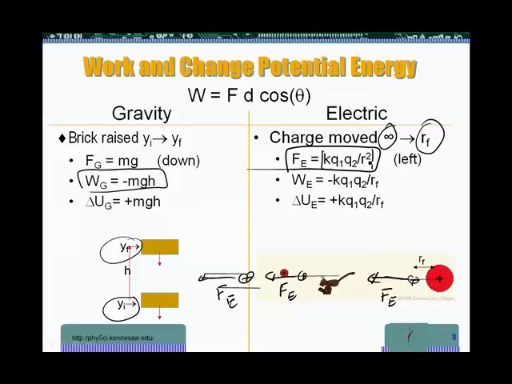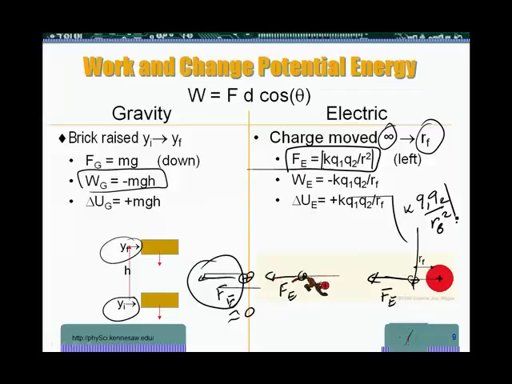It means I'm going to have a very huge number in the denominator that I'm going to square, meaning that the electrical force when we are very far away is going to be 0. And it's going to gradually increase till it gets to a value at this position here, where it is k q1 q2 over rf squared.